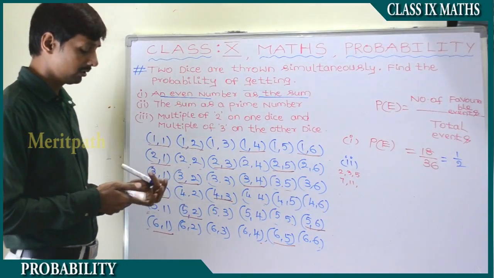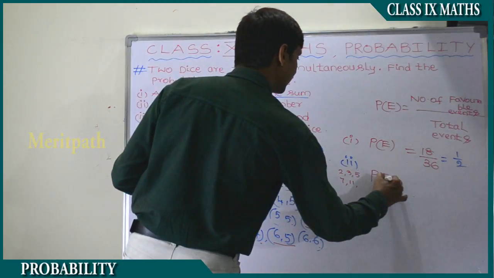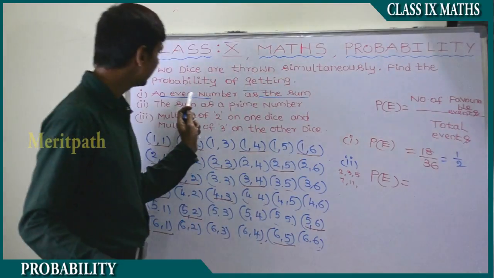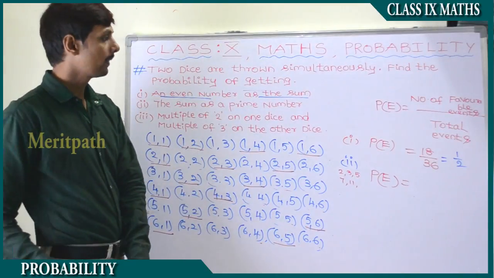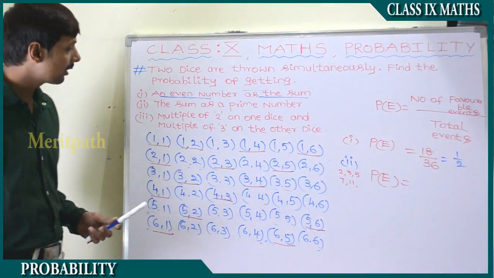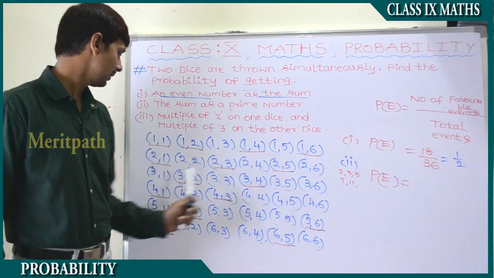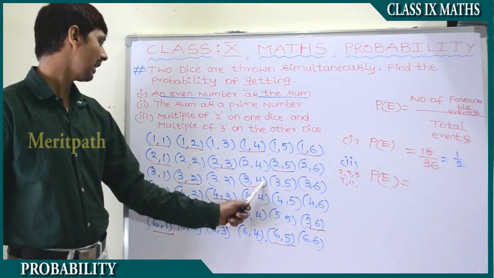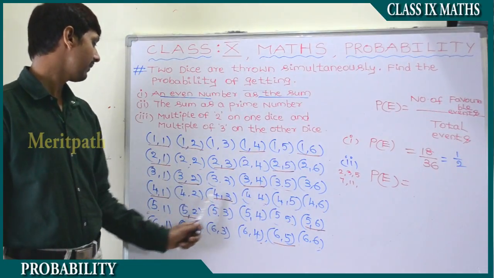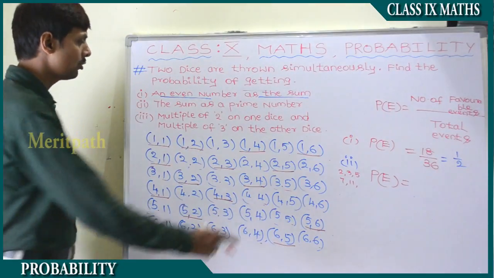So let's find out the second situation, the probability of an event when the sum is a prime number. Let's find out how many events are possible: 1, 2, 3, 4, 5, 6, 7, 8, 9, 10, 11, 12, 13, 14, and I think we did not count properly here.